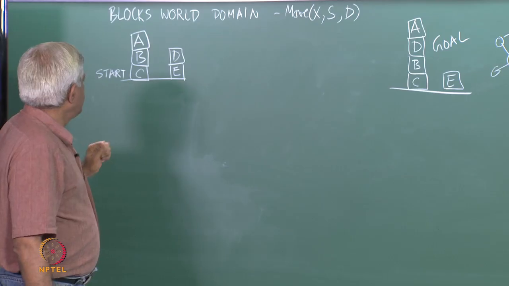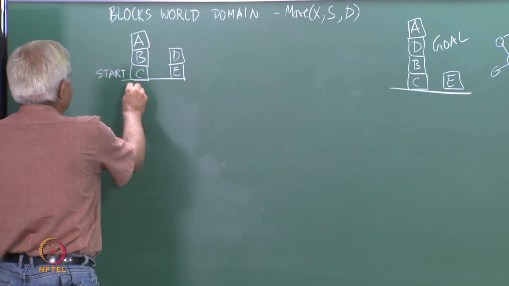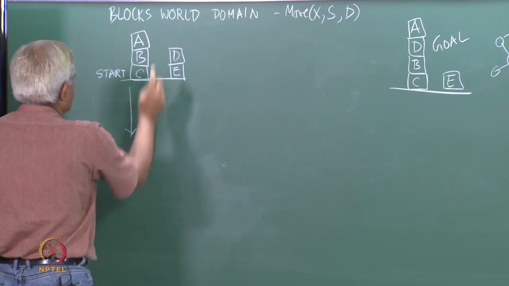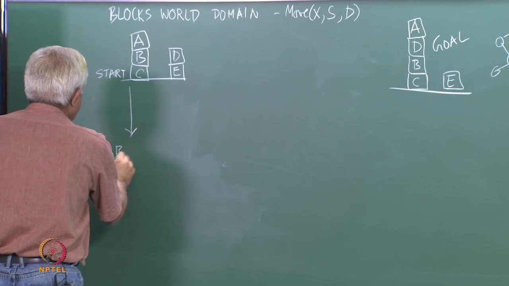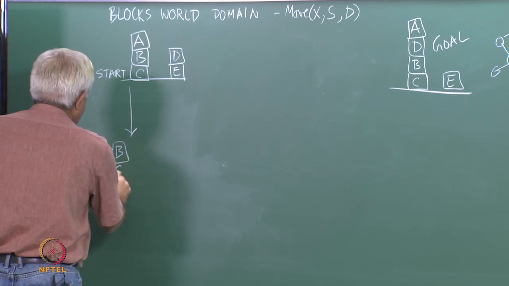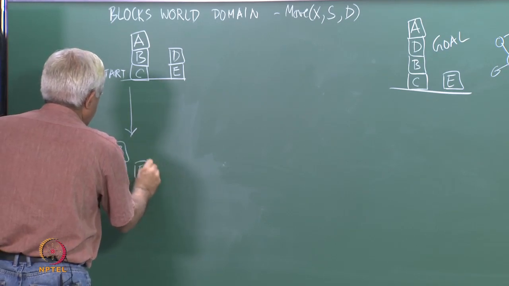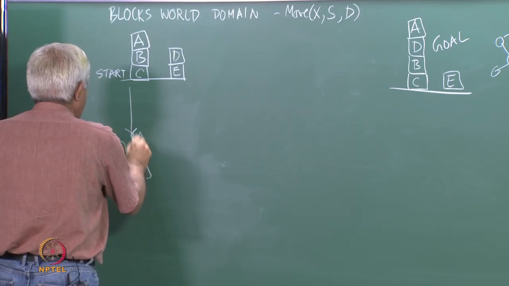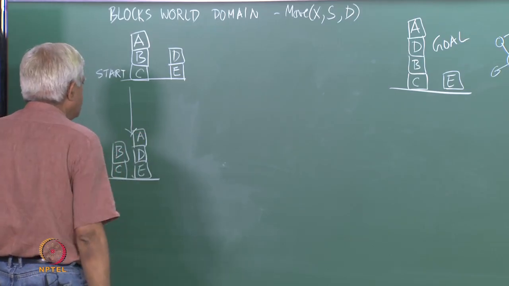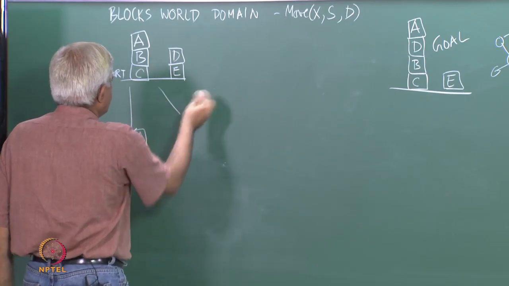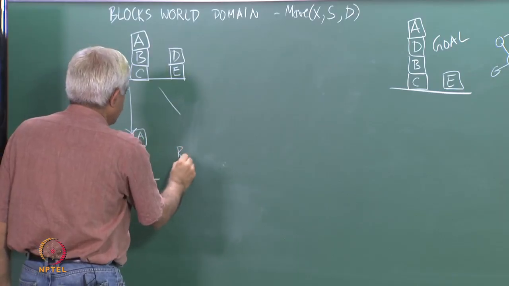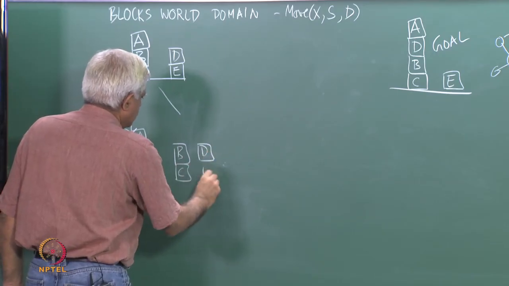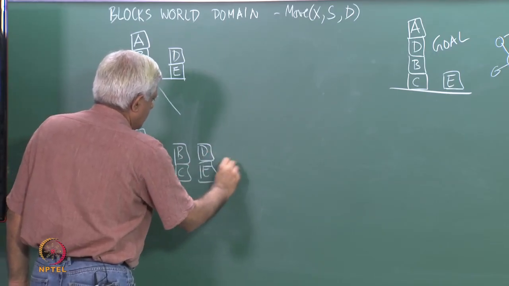So, for example, in this situation we can do the following moves. We can move A to the top of D, so you would get a situation like this. That is one possible move you can make. Then another move is you can put A down. So, B and C remain like this, D is here and A is here.